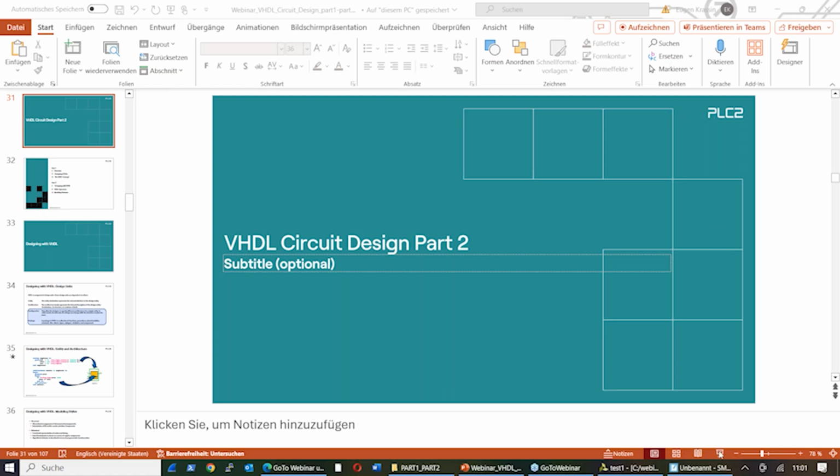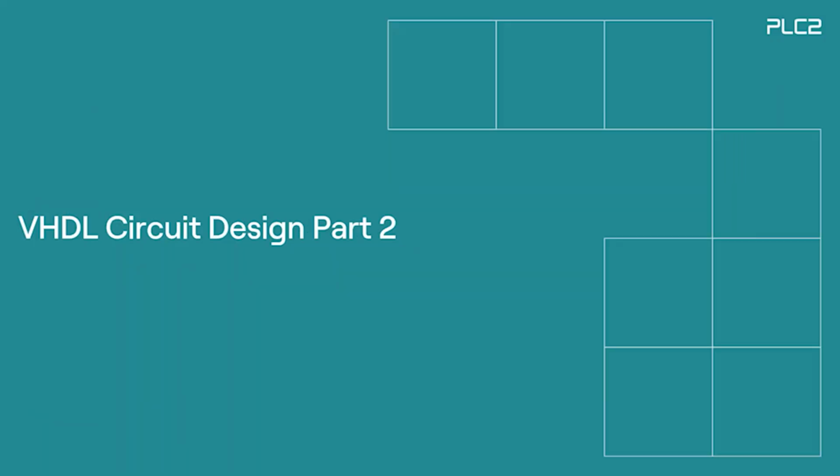Let me just switch here to the big screen. Here we go. And now the second part. The second part means that our first part actually was finished at the designing VHDL part.